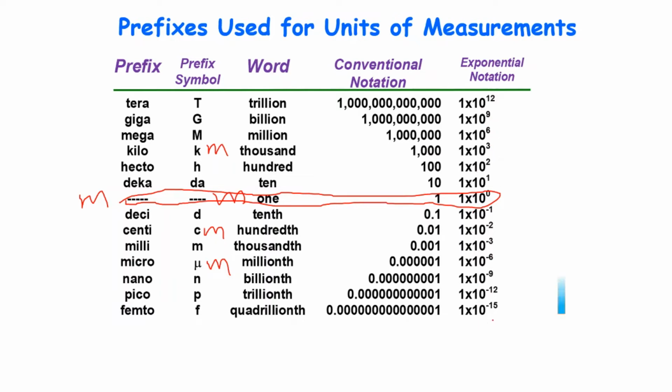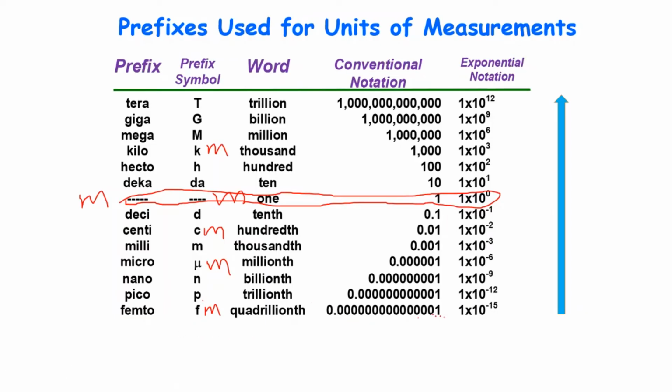Make sure you understand. Unit-wise, the ones at the bottom are the smaller ones. Femto is the smallest unit in this table: 1 fm is 10 to the negative 15 meters.